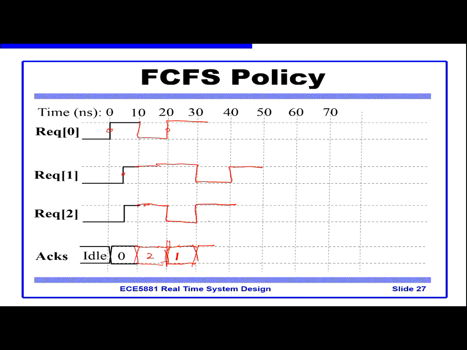Okay, so once that's complete, we look back again, and 0 is the oldest request here. So that would be done, and then followed up by 2, and then finally 1.